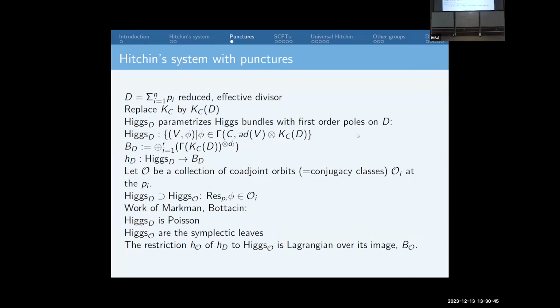In other words, you have a Poisson system, you have a foliation by symplectic leaves. You have one big map which, when you restrict to each symplectic leaf, becomes an integrable system.